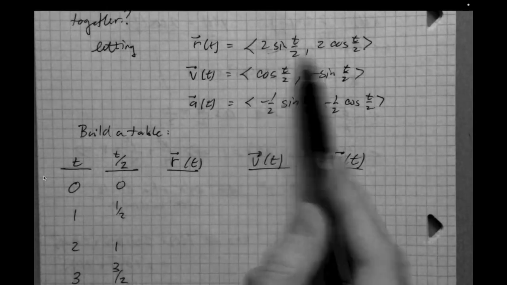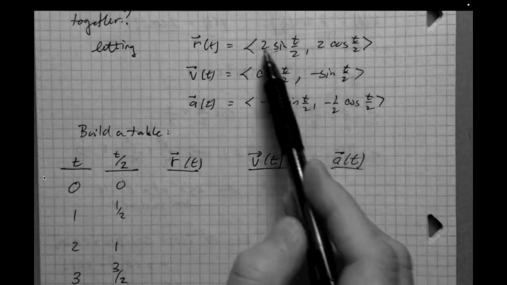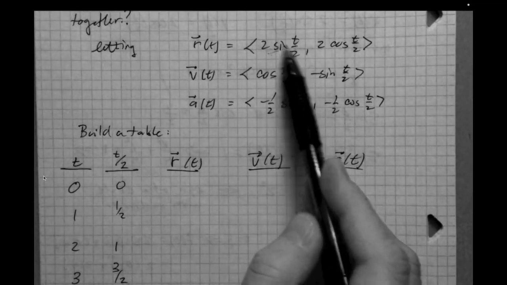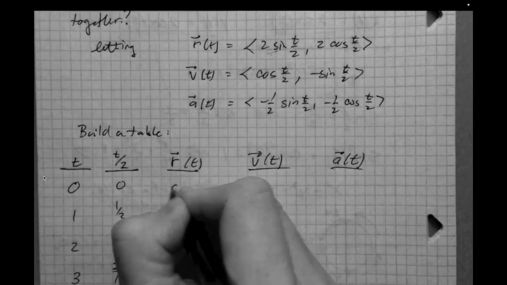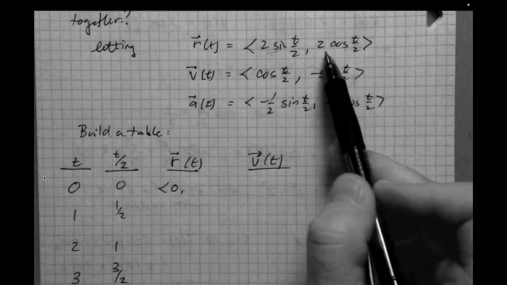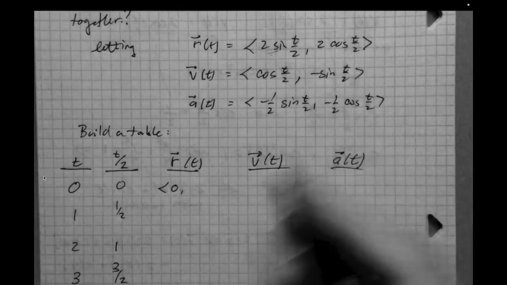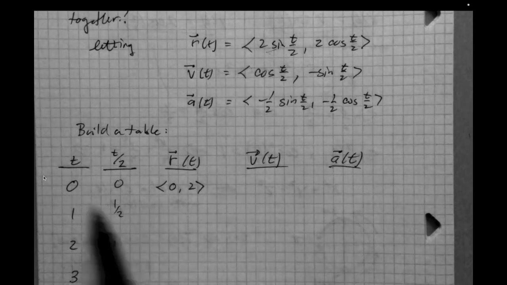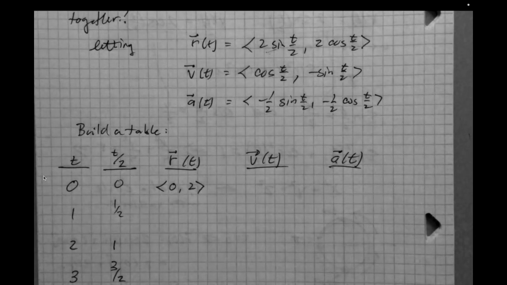But if we plug in 0 for r of t, then it's 2 times sine of 0, and we already saw that that's 0. And it's 2 times cosine of 0, and we saw that that was 2 times 1, so that was 2. Okay, so we get 0, 2 for the position at time equals 0, which we already saw.